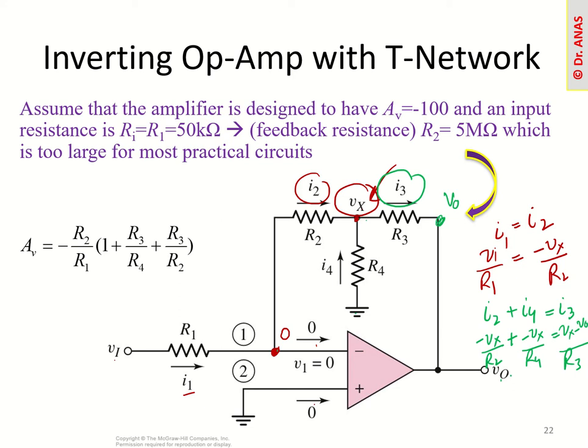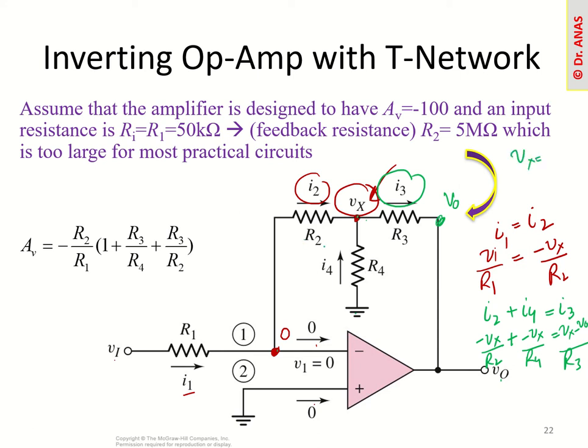If you just do some rearrangements and solve them, you can get the final answer. And if you try to write Vx here, Vx is basically the voltage drop across R4 and R3, or across R2.